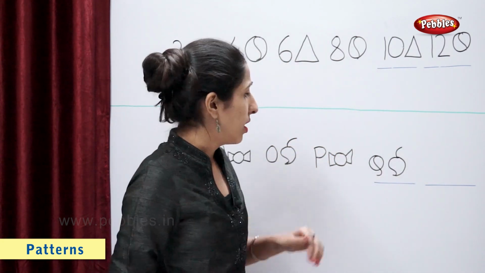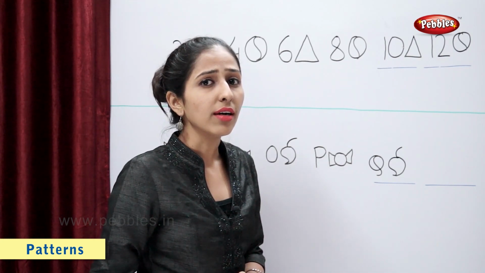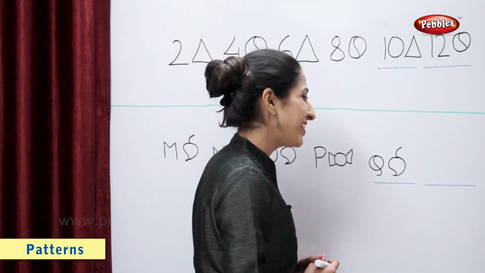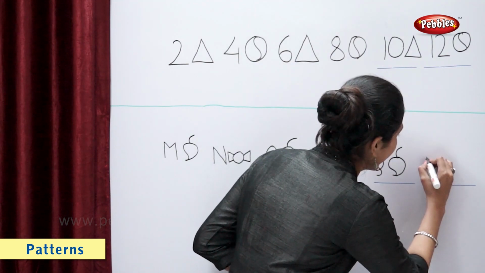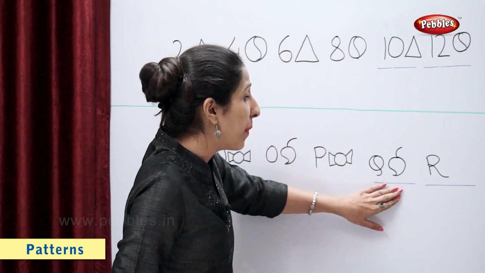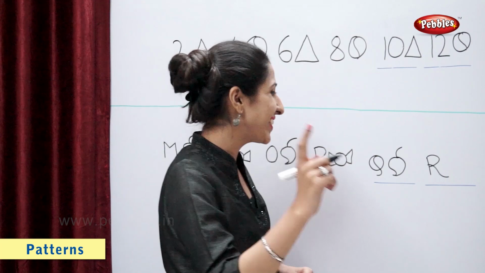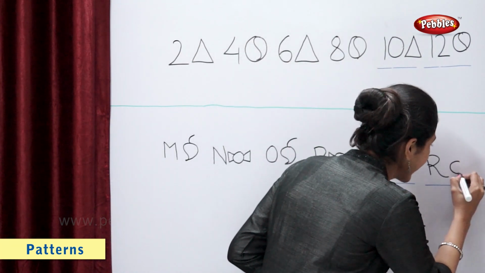Tell me, students, which is the next letter after letter Q? Right. Letter R. The shape after mango? Correct. Toffee.